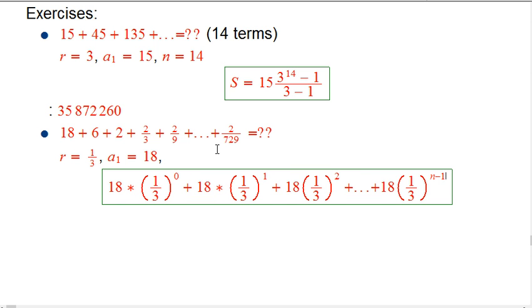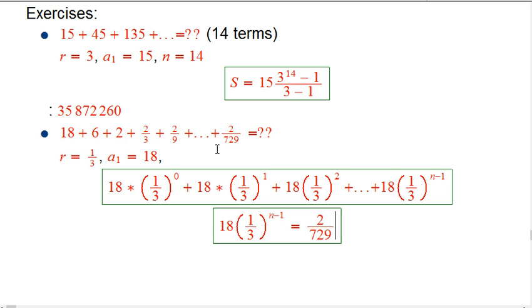We want to figure out what the n is. So we've got 18 times 1/3 to the n minus 1, and we want to match that with 2 over 729.